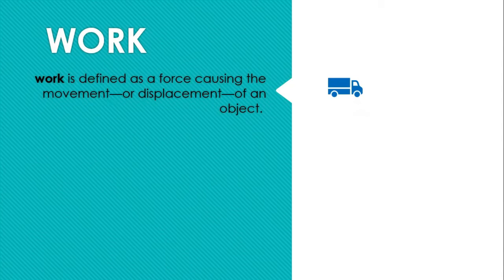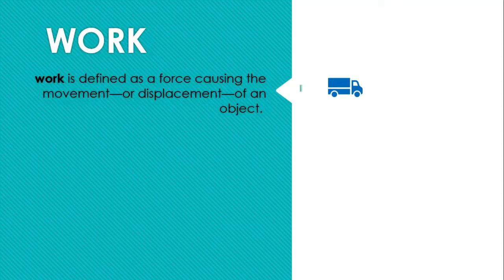When force and displacement are at 90 degrees, we call that no work. Work causes the movement or displacement, which means we have to calculate all the measurements on the x-axis.